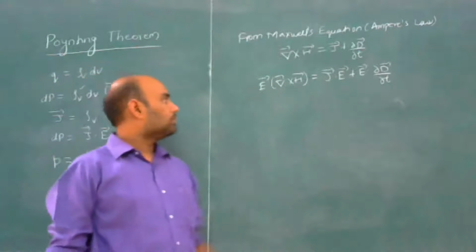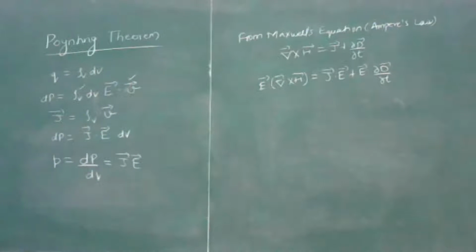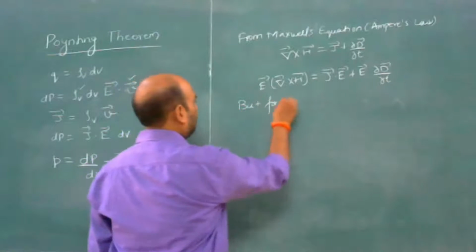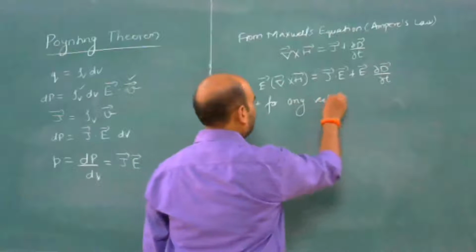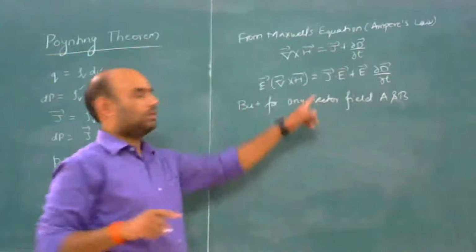So we have substituted, taking the dot product of the above equation with vector E. Now for any vector fields A and B, here E and H are two vector fields.